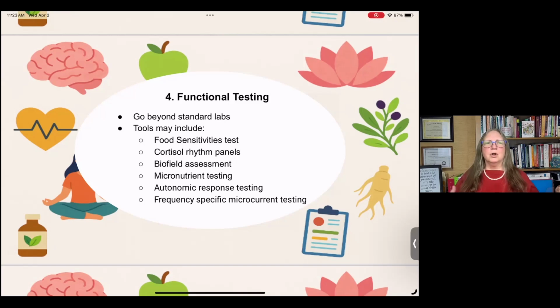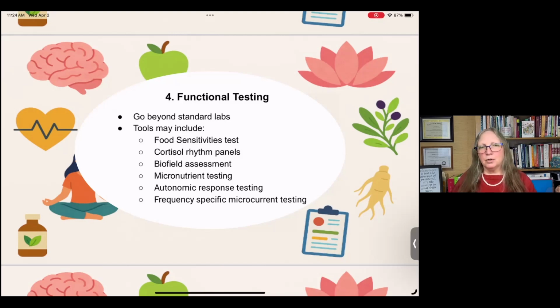Well, we use all kinds of tools that help us see what's happening behind the scenes. They're especially helpful when symptoms don't align with conventional results. So if your results say everything's fine, but you're still feeling bad, or if the results say you've got something but you don't feel it's accurate, we can look for those subclinical issues.